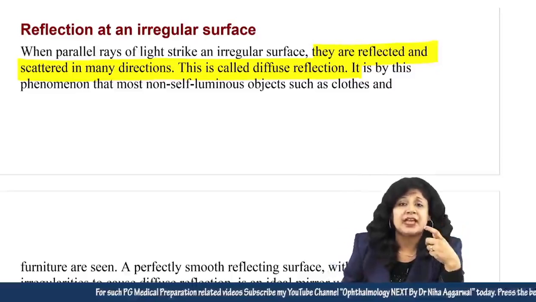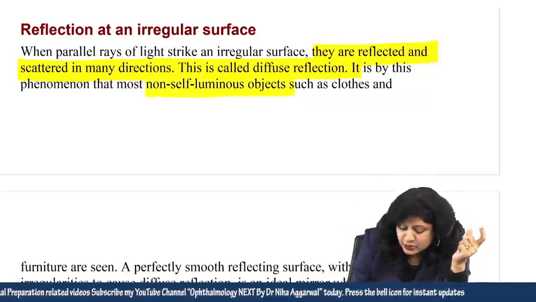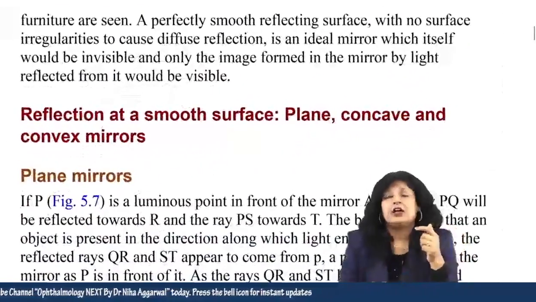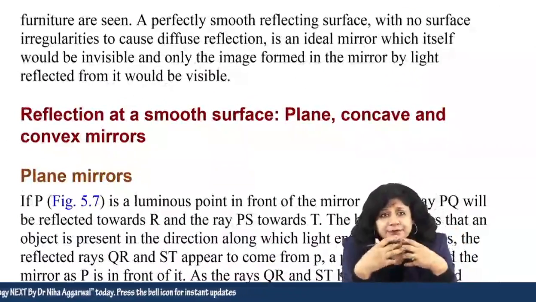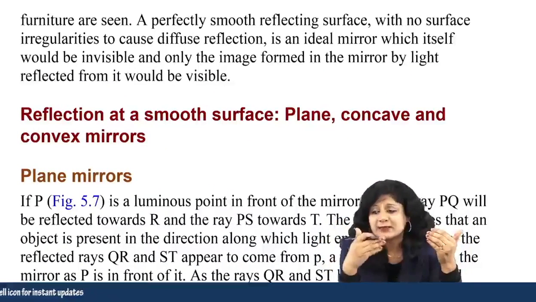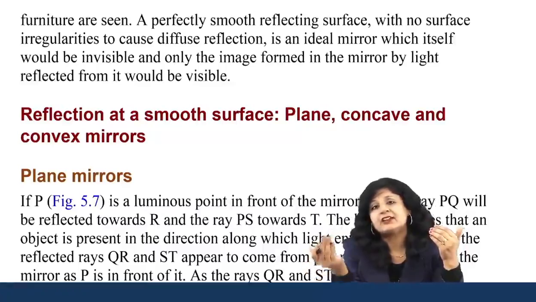This property is used in non-self luminous objects, like furniture, clothes, etc., where scattering is required. In certain fabrics we also require a multicoloring effect, so we use the irregularities of the surface, and there we get diffuse reflection.